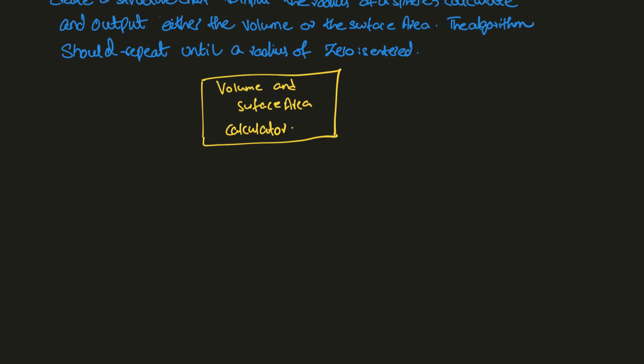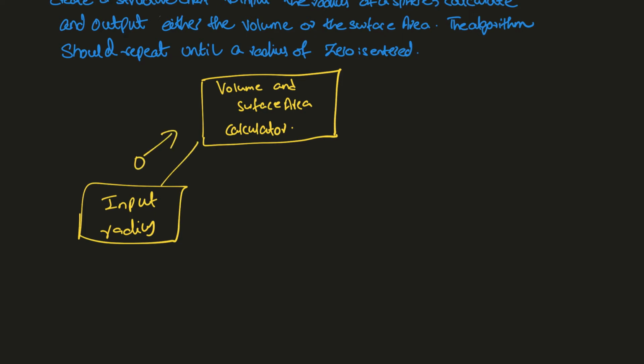First of all, we're going to take the radius as input, so input radius. This is going to be connected, and the radius variable is going to be sent to the module. Oh sorry, I'm drawing an arrow, my bad.